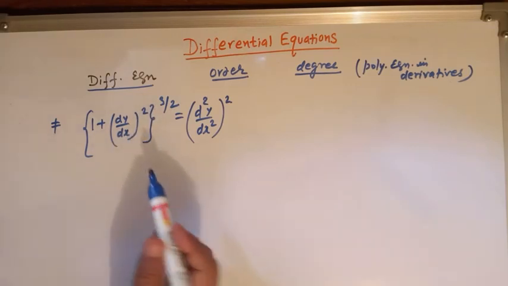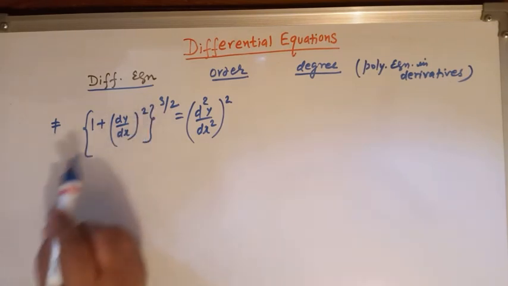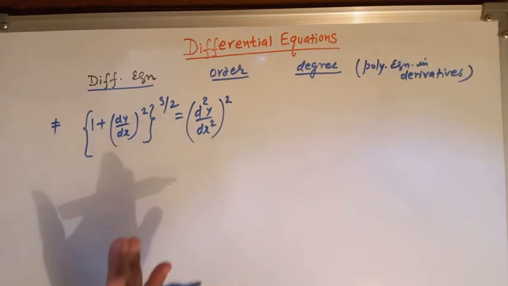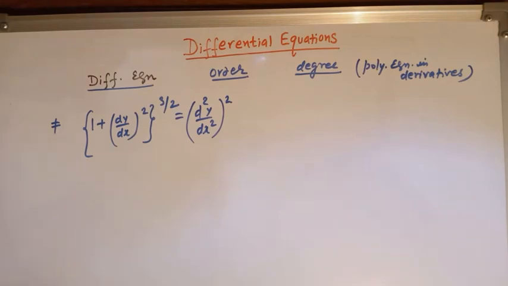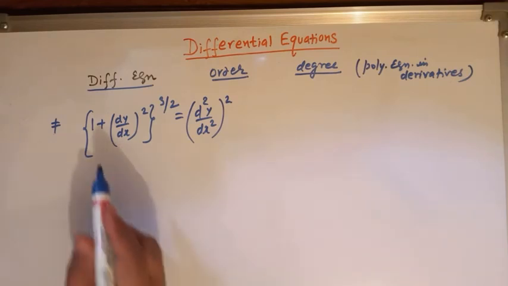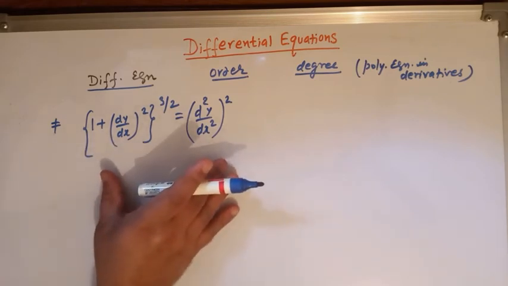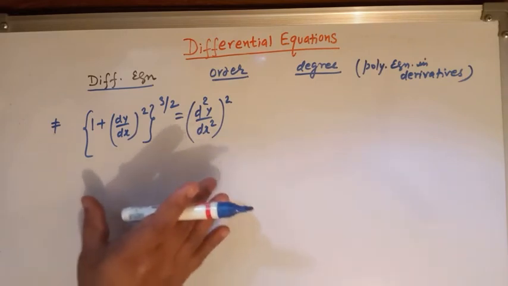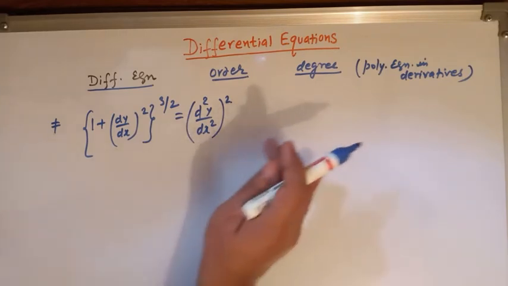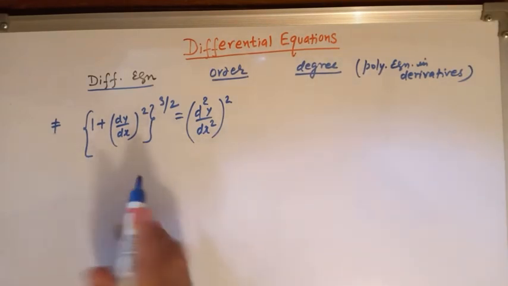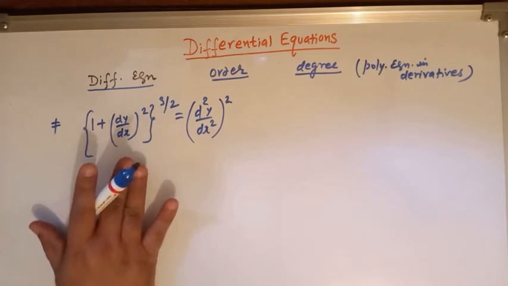So whenever we have the square root sign or the radical signs or fractions, then to find the degree of such a differential equation, we must make the equation free from radicals and fractions. Clear? So let us see how to find the degree of this differential equation when it is given in this form.